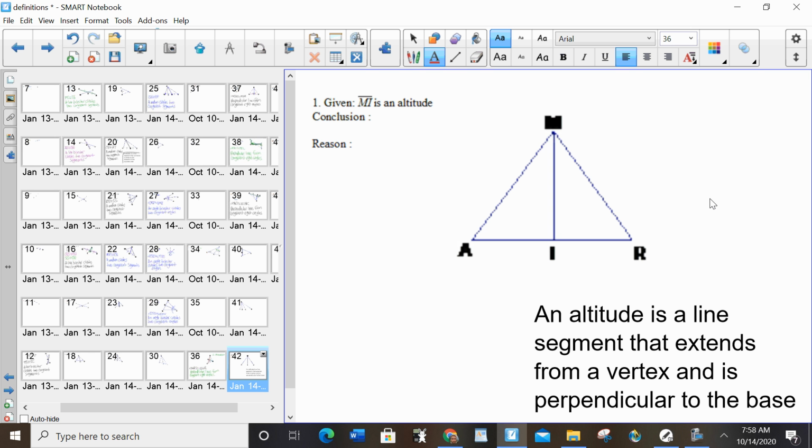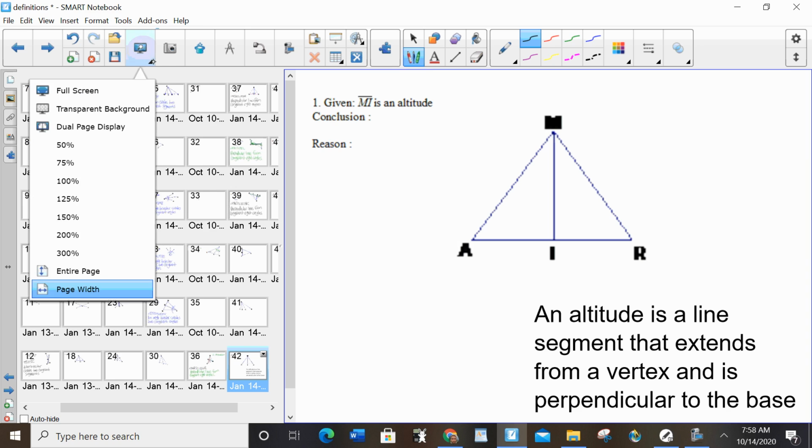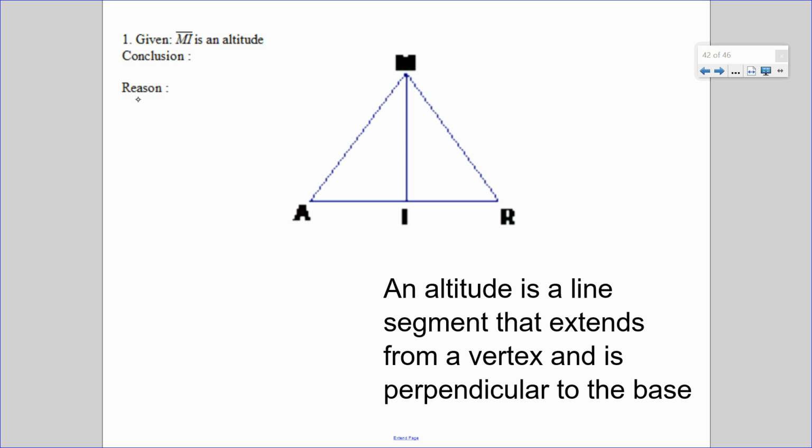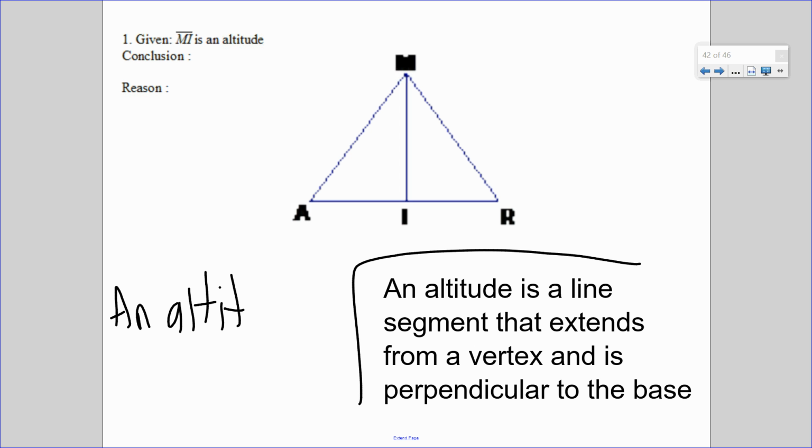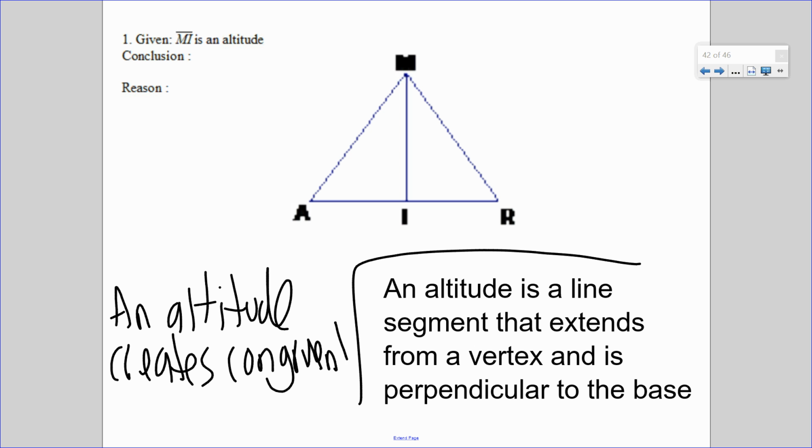A median is a line segment that goes to the midpoint. An altitude is a line segment that's perpendicular to the base. So since it's perpendicular to the base, my definition, what I'm going to actually use in proofs, is an altitude creates congruent right angles.